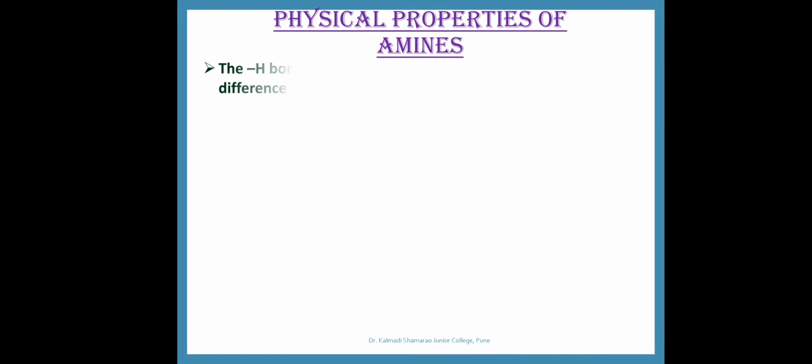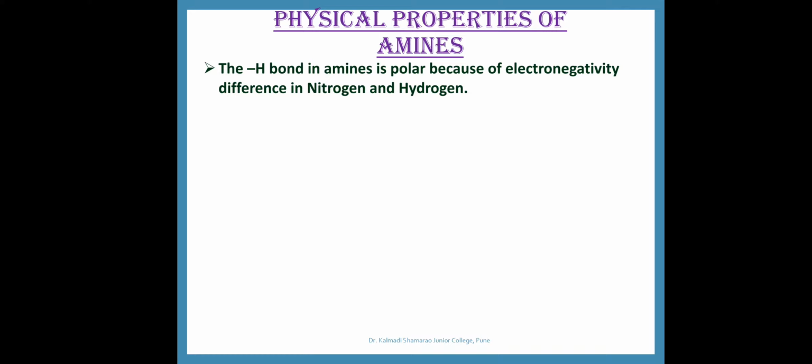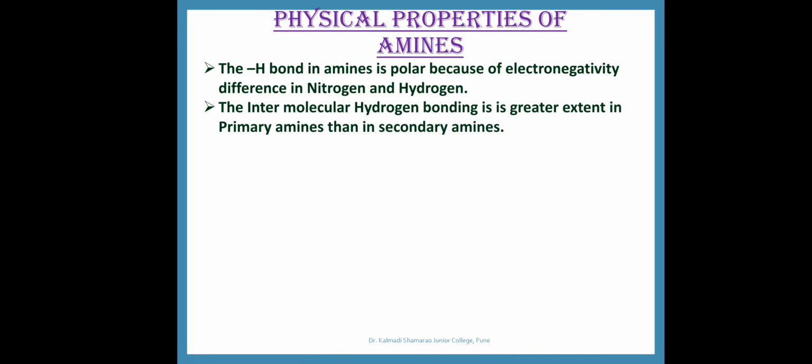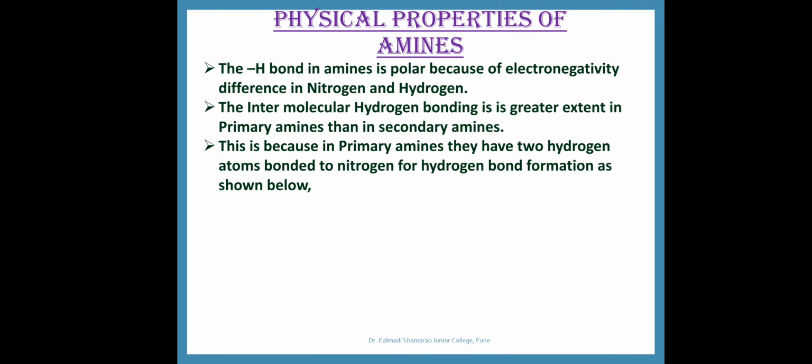Let us now see physical properties of amines. The N-H bond in amine is polar. As we know, there is an electronegativity difference between nitrogen and hydrogen, and hence the N-H bond of amine is polar. There is more intermolecular hydrogen bonding in primary amines than in secondary amines. Why is this?